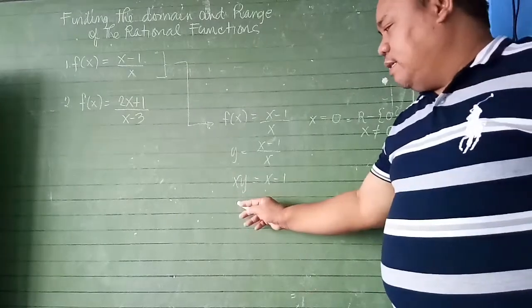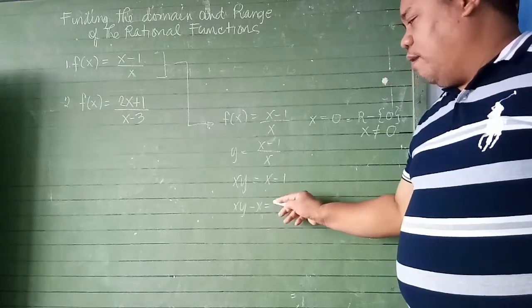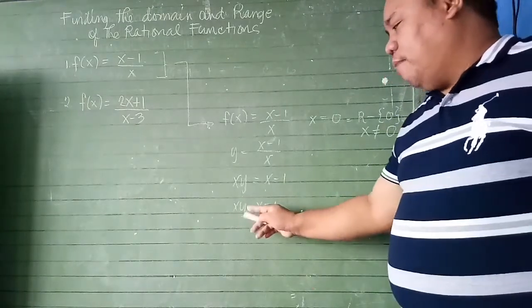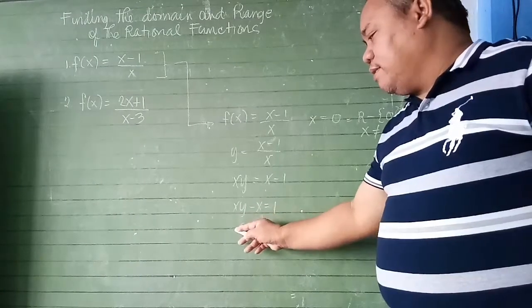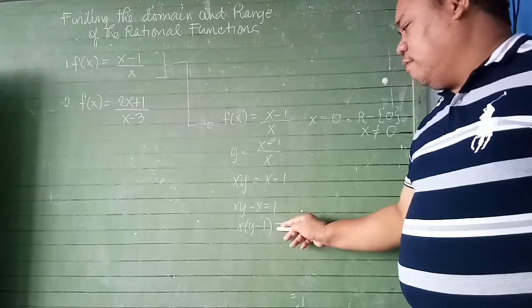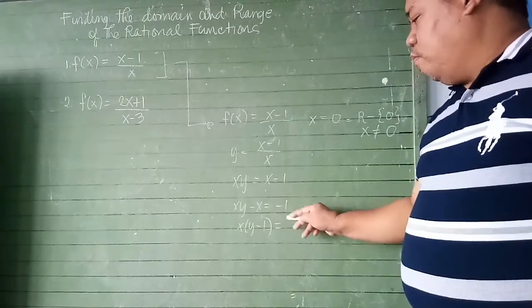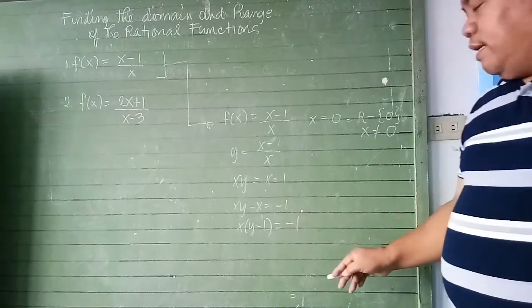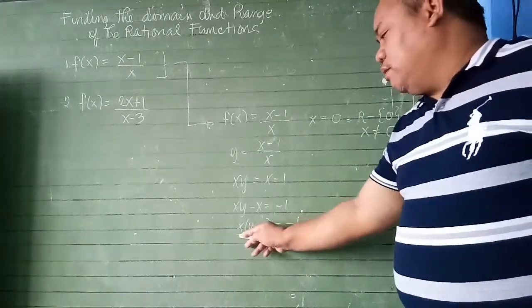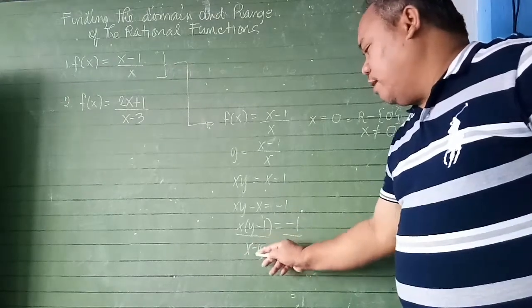Transpose x: xy minus x equals negative 1. And then factor this one, we have x times y minus 1 equals negative 1.